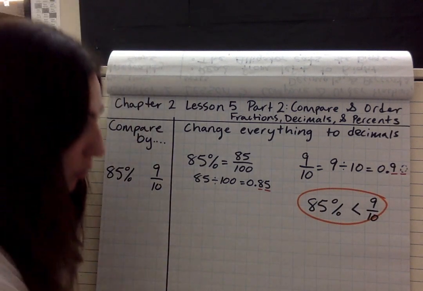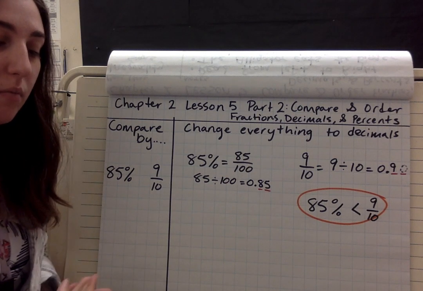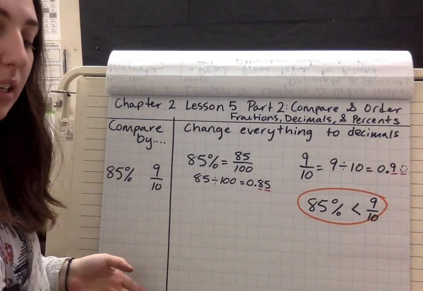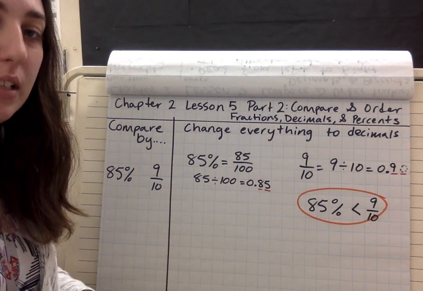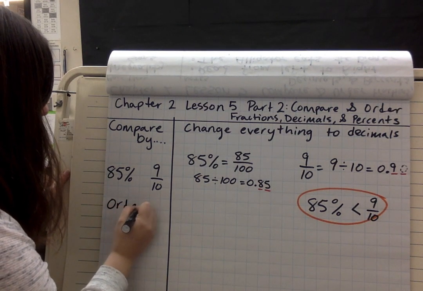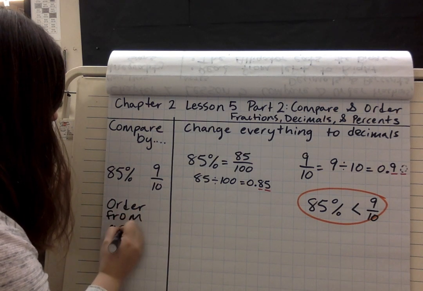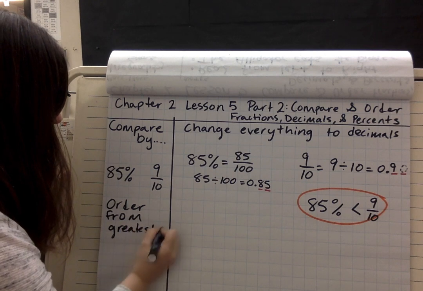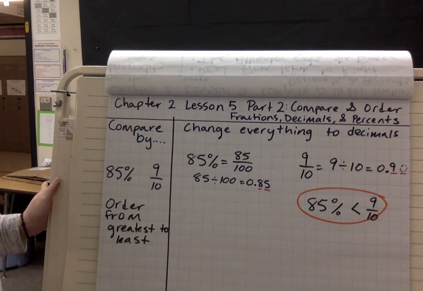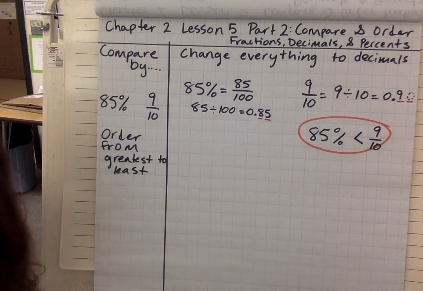Okay, so we are going to learn one more type of strategy and type of problem that you're going to find in your math book. We're going to need to order from greatest to least this time. All right, so we're ordering from greatest to least.